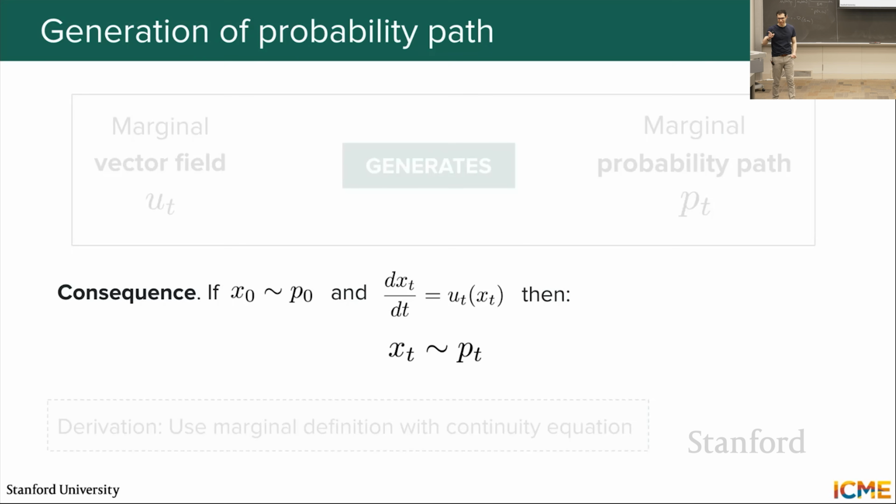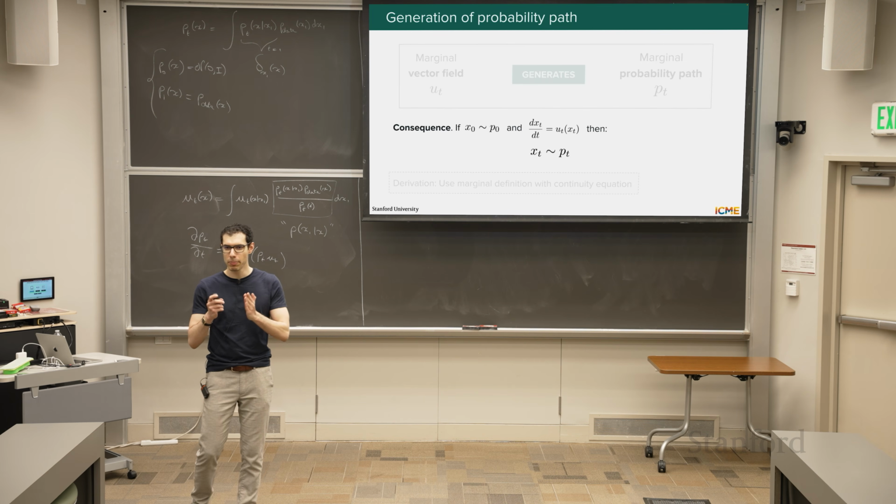So what this is telling us is if we sample x0 from p0, which is the initial one, and we follow the marginal vector field, then xt is going to be following the probability path pt.